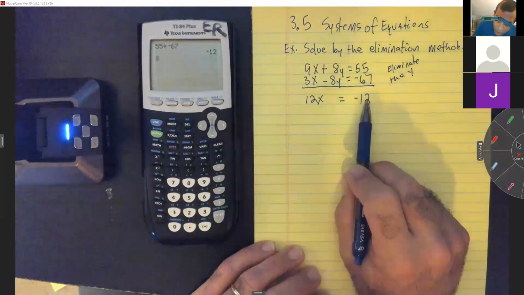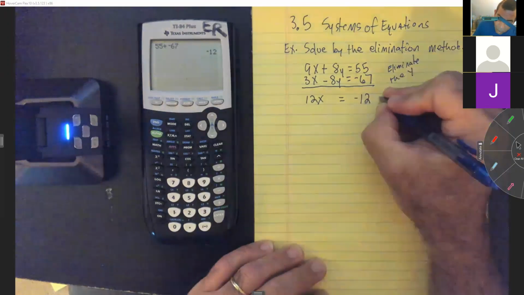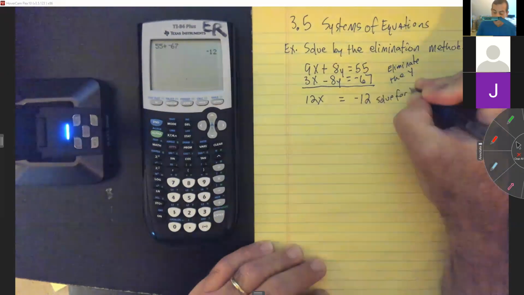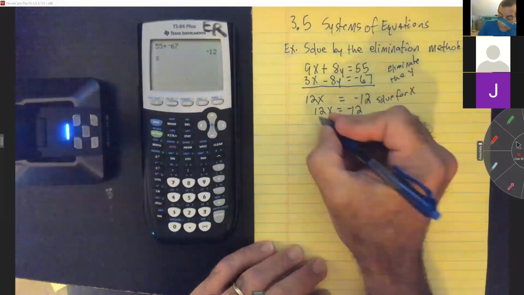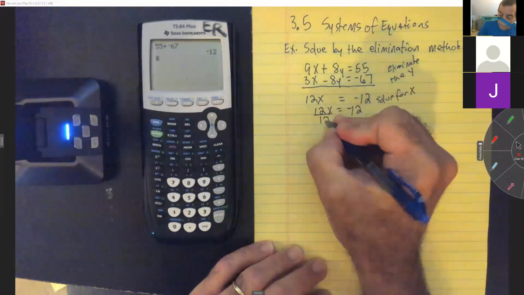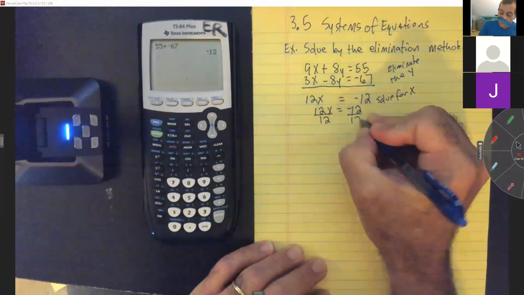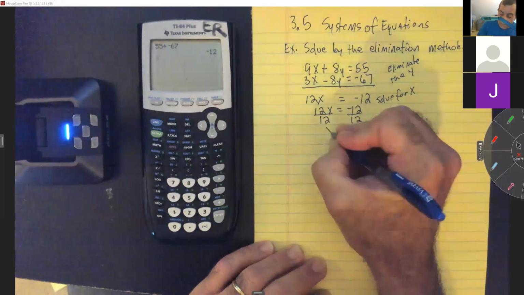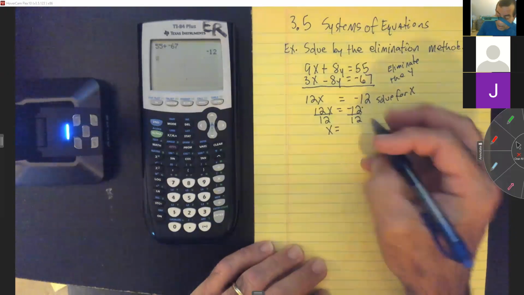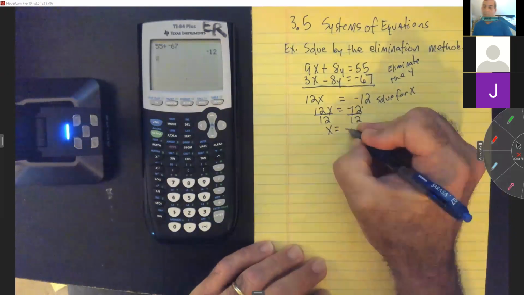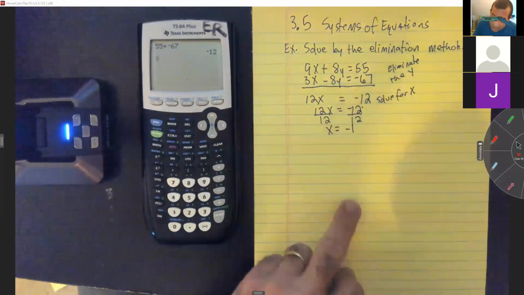We're going to solve this for the x. So 12x equals negative 12. To solve that, I would divide both sides by 12. So 12 divided by 12 gives me a 1x. Here I got a negative 12 divided by 12. That gives me a negative 1. So now we know x is negative 1.